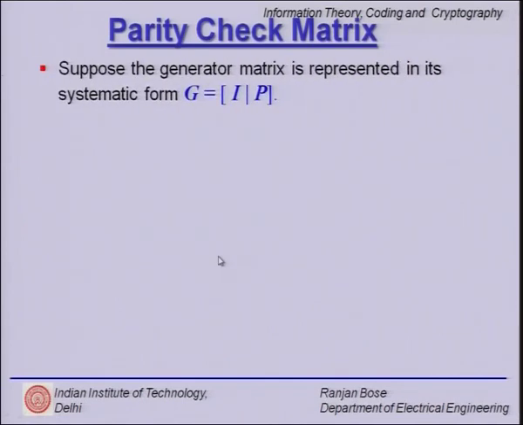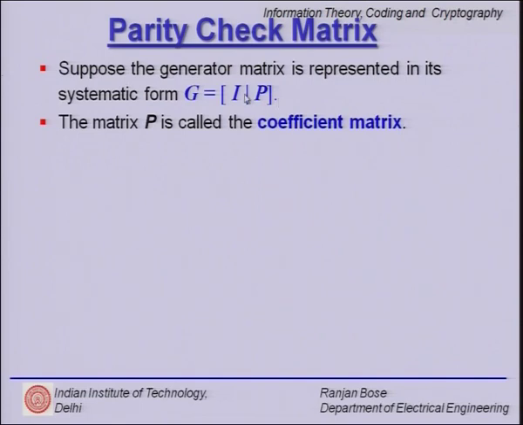Now, how do we get this? We clearly know that any generator matrix G can be effectively represented as I and then a partition, this parity matrix P. This P should not be confused with the parity check matrix. This P is the parity matrix. It is sometimes also called the coefficient matrix to avoid the confusion.